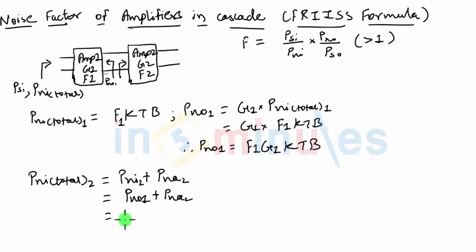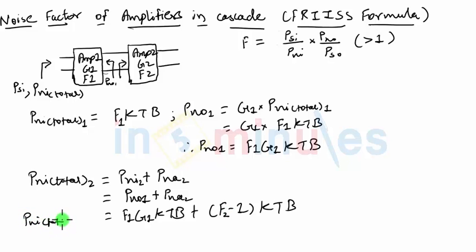PNO1 is nothing but F1 G1 KTB, and PNA is nothing but F minus 1 times KTB. This is what we have derived before. Because it is PNA2, I'll add 2 here. So this is what we get. This is PNI total but at the input of the second amplifier.